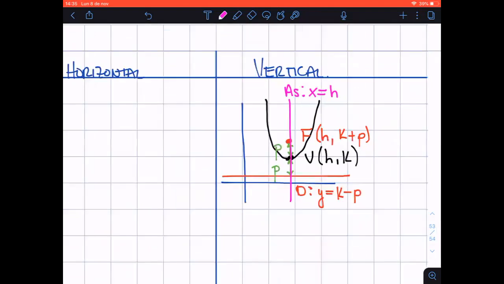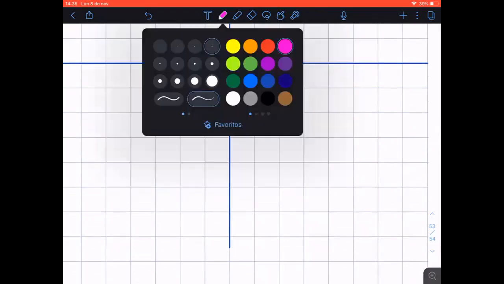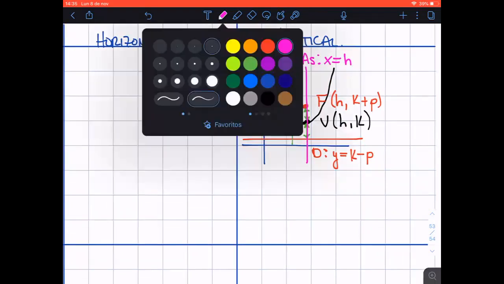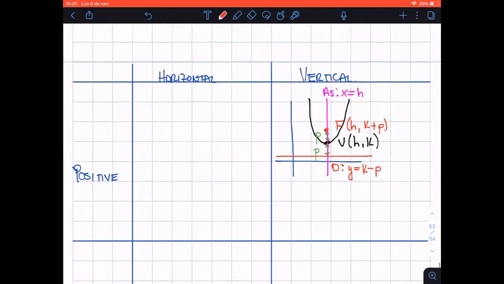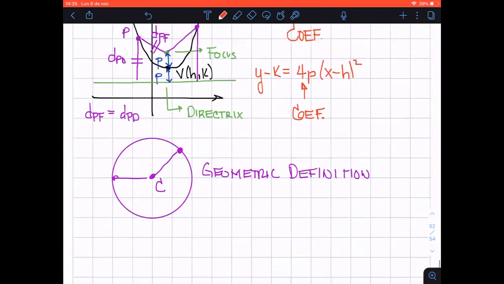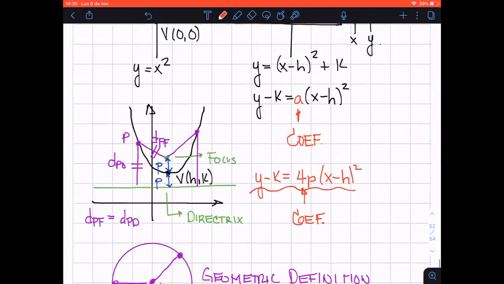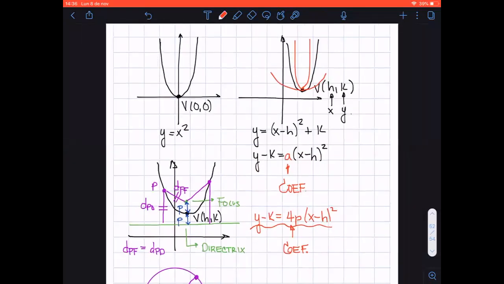The same will happen with the other types, okay? So let us draw now. Oh, sorry, before that. As you recall from the previous example, we've got the equation of a vertical positive parabola, right? As y minus k equals 4p times x minus h squared, right?